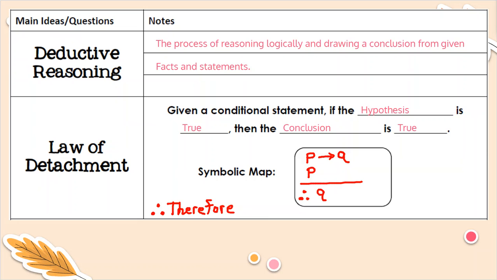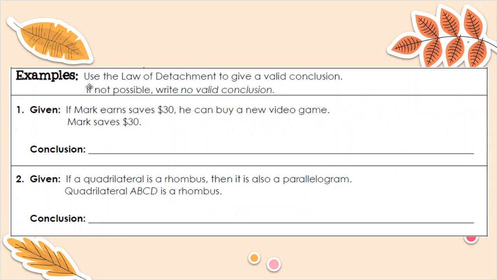All right, so let's take a look at a couple of examples. Feel free to pause this if you need another moment to write it down. So here are some examples where we're using the law of detachment to give a valid conclusion. Our first says if Mark earns $30, he can buy a new video game. So this is our if-then statement: if P, then Q. And then, Mark saves $30.